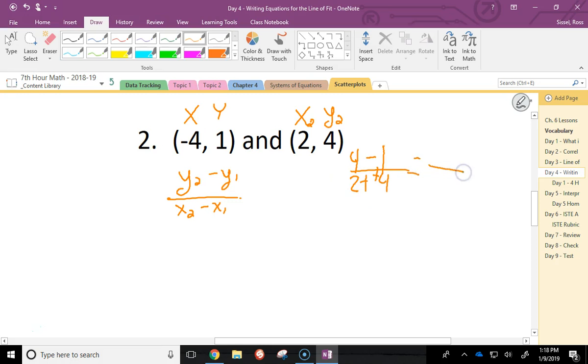So y2 is 4, y1 was 1, 4 minus 1. x2 is 2, x1 was negative 4, 2 minus negative 4. He's reading it as 2 plus positive 4. And leave it there. Okay, he got 3 over 6, that's correct.